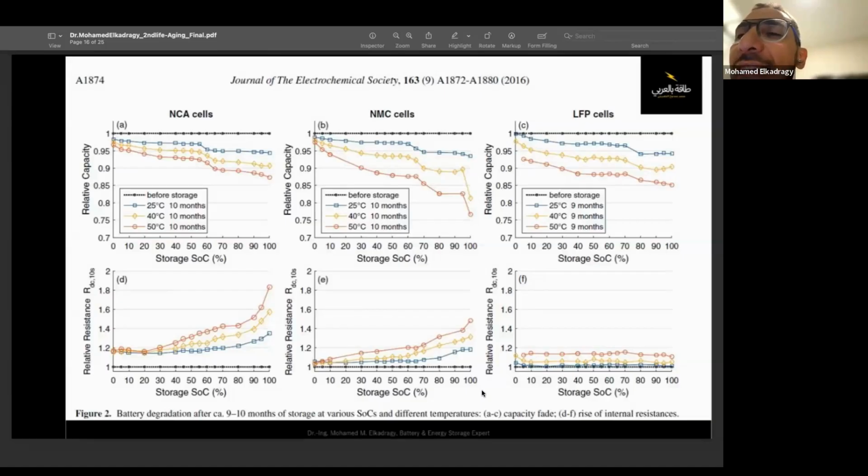What we see here is calendar aging over a period of months, and how the capacity loss and the resistance increase happen in LFP, NMC, and NCA. The main message here is that we have to take care of which chemistry we are using, whether in cycle aging or calendar aging, because there is a difference. Next, please.